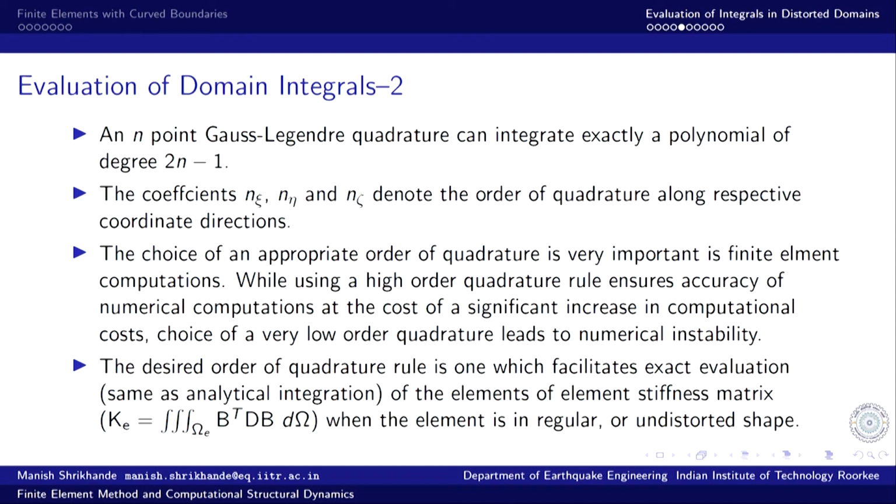So, 2n minus 1 is 2, that is second degree polynomial. So, that makes it n equal to 1.5. So, a 2 point Gauss quadrature is sufficient for this purpose, it is the quadrature rule which will correctly integrate this integrand.